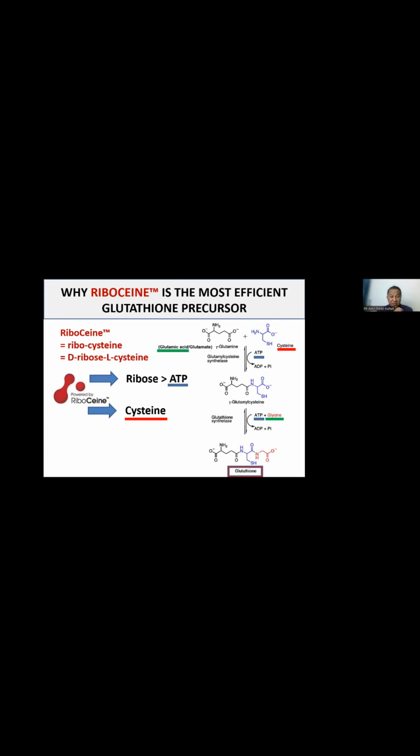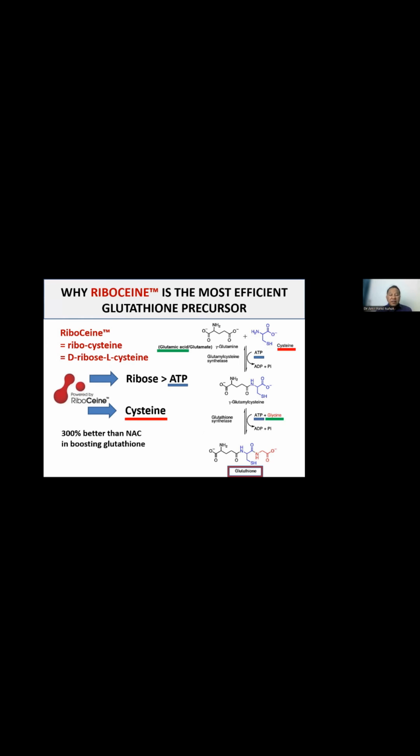All right. We mentioned that RiboCeine is 300% better than NAC, the next best precursor in boosting glutathione. And the reason, in my opinion, is because RiboCeine has ribose apart from the cysteine, which then increases the ATP production.